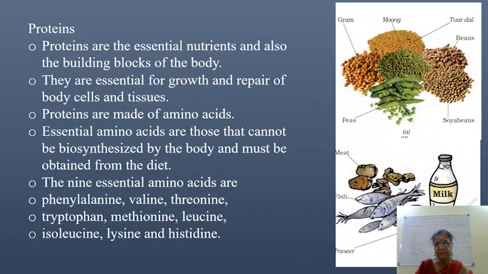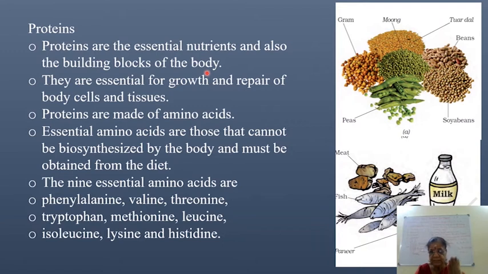The next one is about protein. In protein you have to look carefully. Proteins are essential nutrients and also the building blocks of the body. We studied tissues, and how cells divide, multiply and grow.